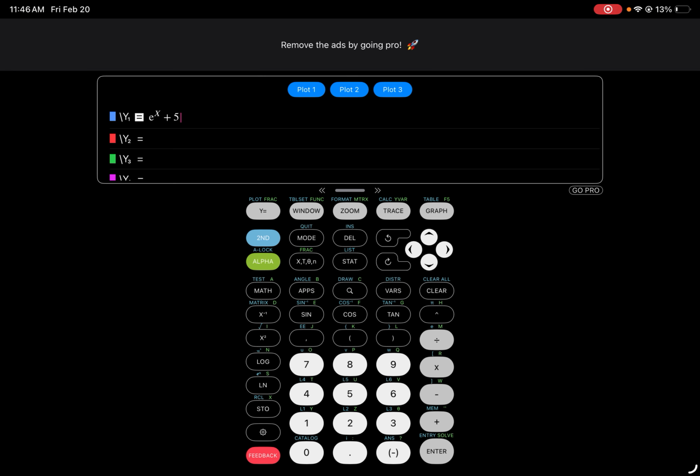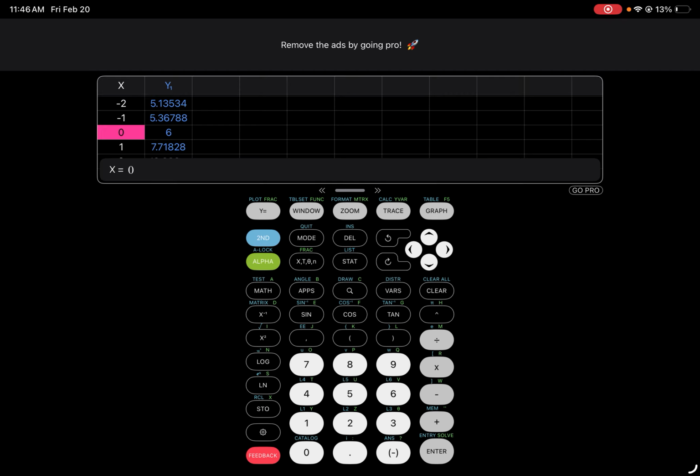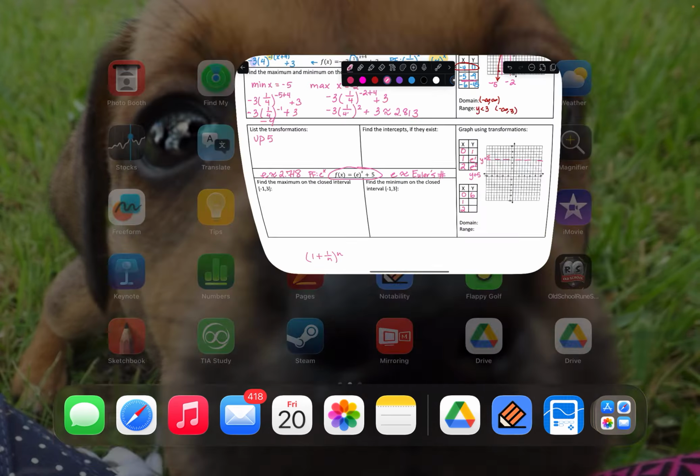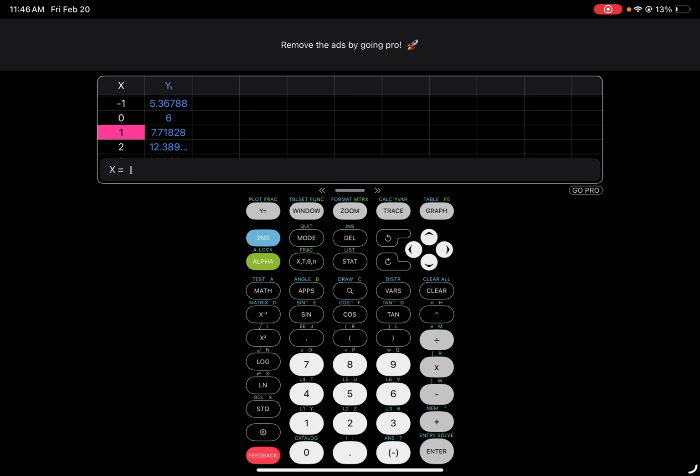And then to pull up a table of values, we're going to press second graph. And then if we plug it in, I can see that from 1, it's been shifted up to 6. And then at the value of 1, it's been shifted up 5 to 7.71828.